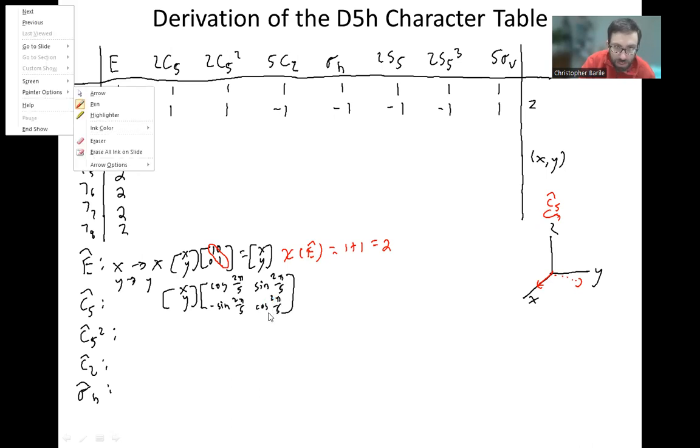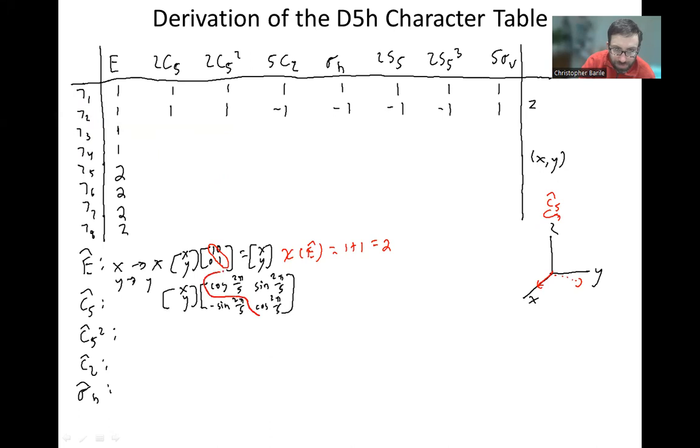And so now when we take the trace of this matrix, we get chi of C5 is equal to cosine 2 pi over 5 plus cosine 2 pi over 5. And a nice compact way of writing that, it's just 2 cosine 2 pi over 5. So it's a non-integer value, but that's what happens a lot of times when you have these C5 axes.